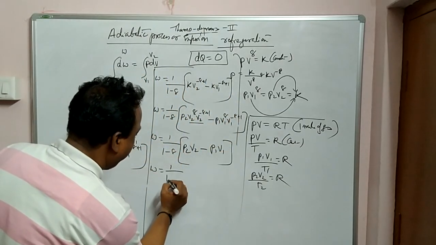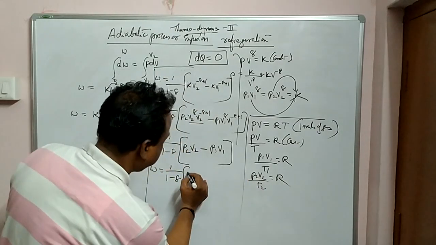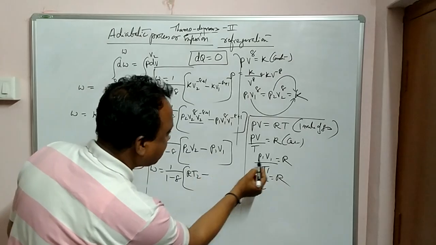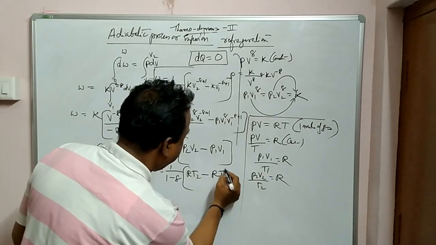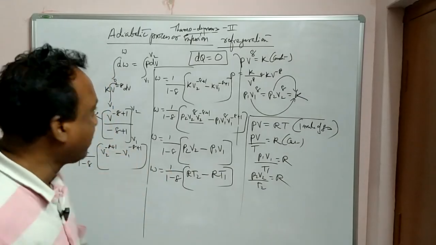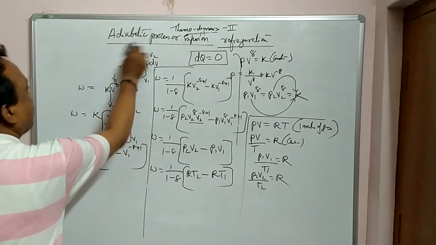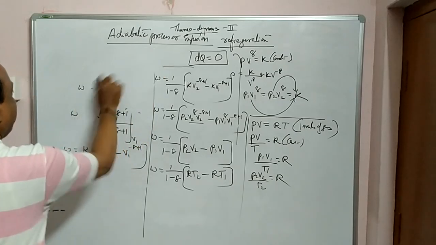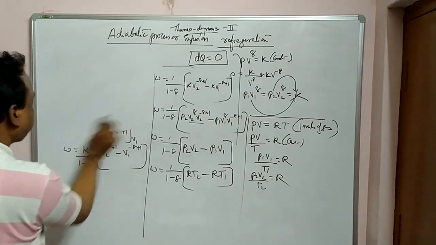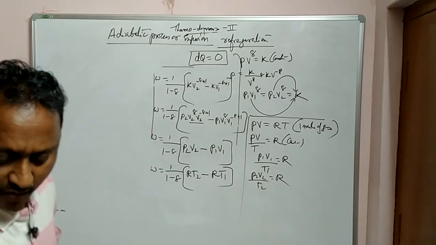Now substitute this value here. W is equal to 1 by 1 minus gamma, where P2 V2 is R T2 and P1 V1 is R T1. Clear? This equation is valid for only 1 mole of gas. Please note it down. Very important derivation. So work done in adiabatic: W is 1 by 1 minus gamma, take R outside, bracket T2 minus T1. This is for 1 mole of gas.